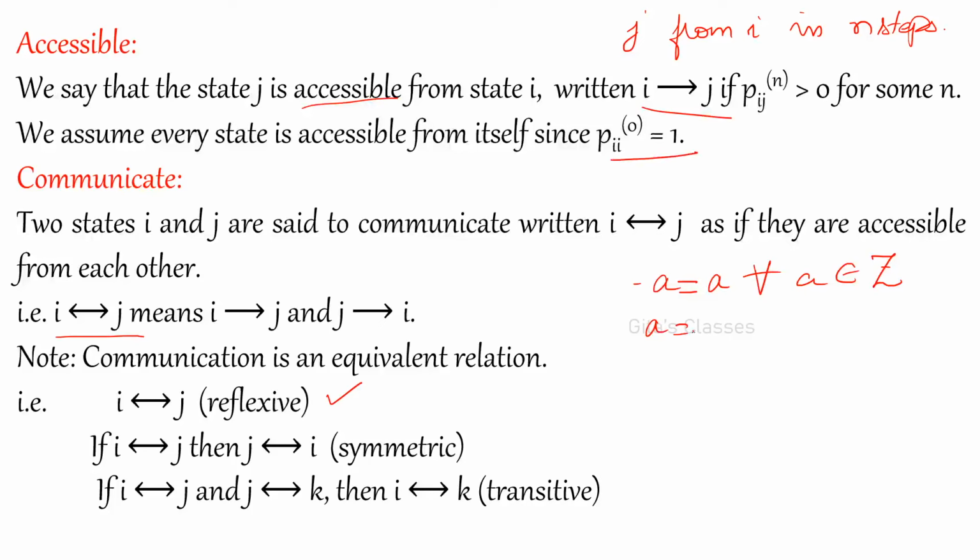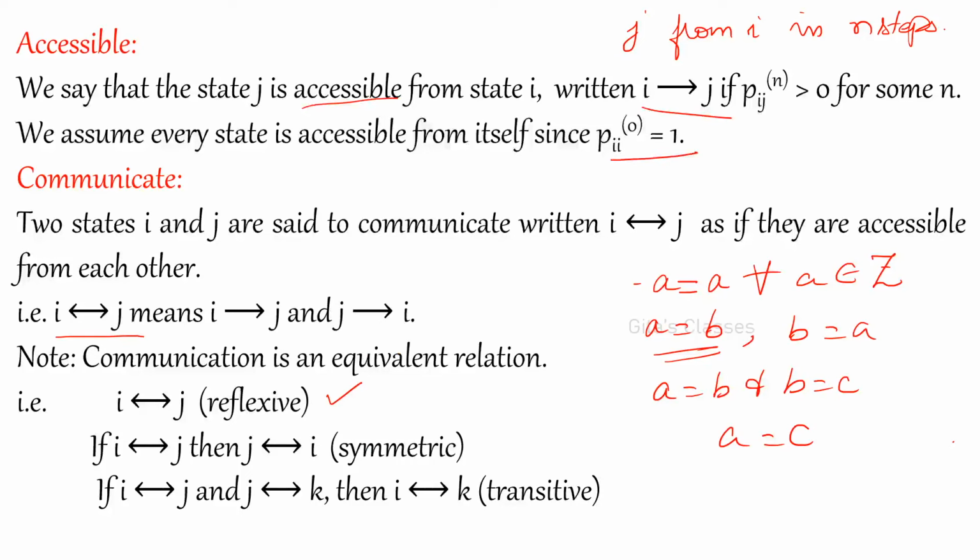If a is equal to b, then b is equal to a, so equal to is a symmetric relation. And if a is equal to b and b is equal to c, then a is equal to c. This is called a transitive relation.